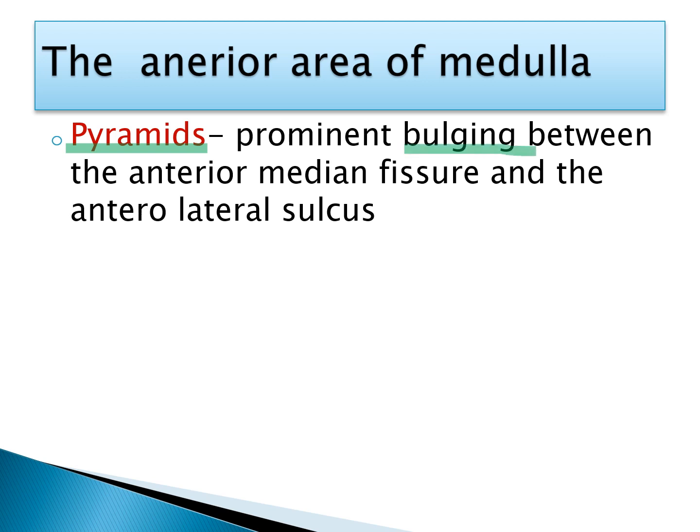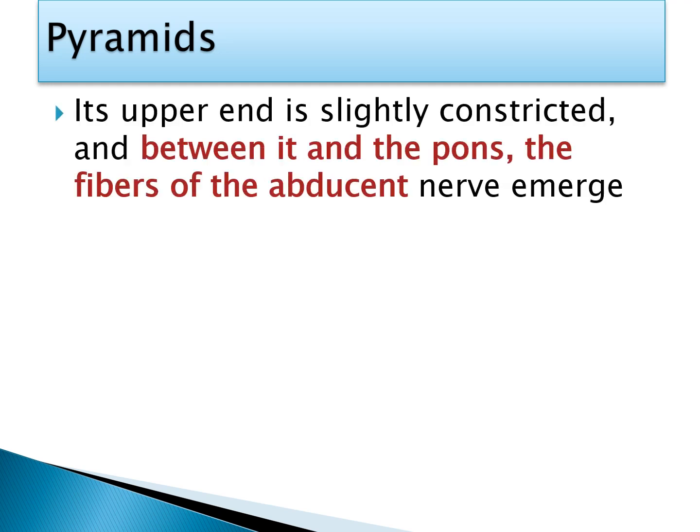It is the bulging between the anterior median fissure and the anterolateral sulcus. So what are pyramids? What does it contain? We will now see. Pyramids. Its upper end is slightly constricted and its lower end is broader than the upper end.